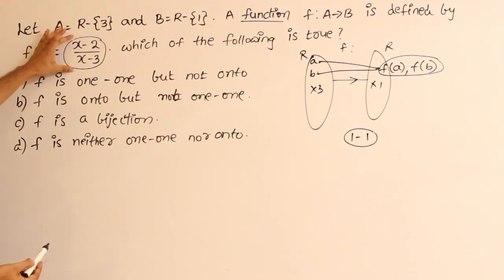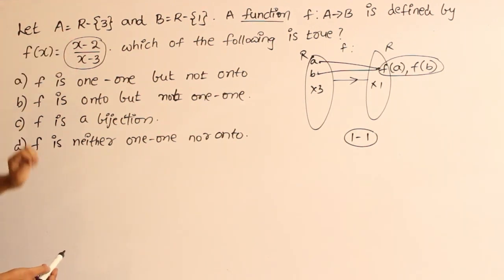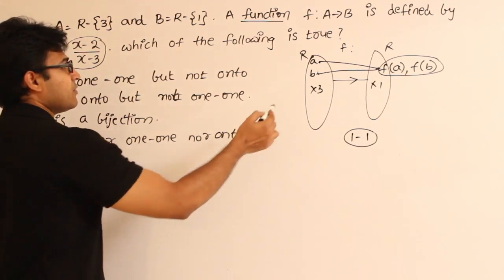Now if you look at this expression, for every value of x there will be some real number that you can find, but for only one value no real number will exist. That value is 3. That is the reason we are excluding the value 3.